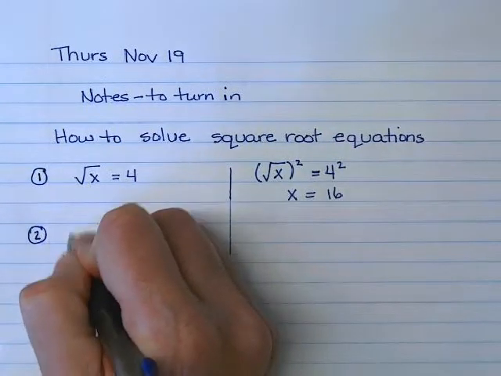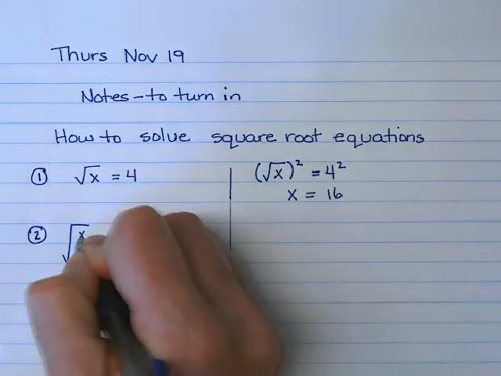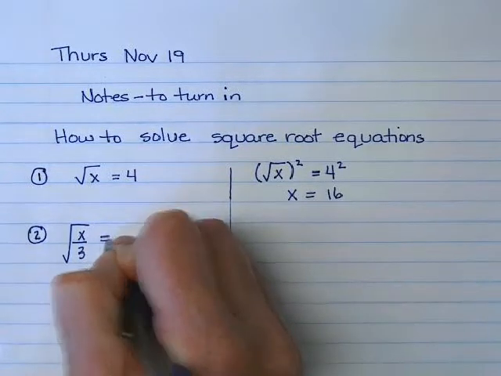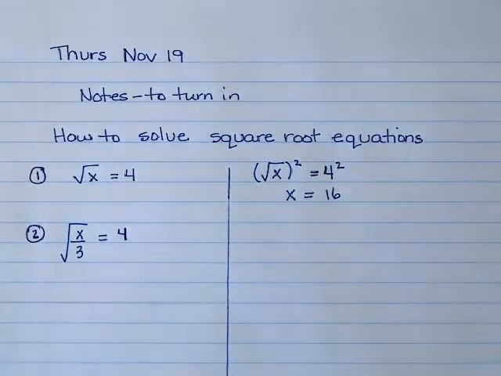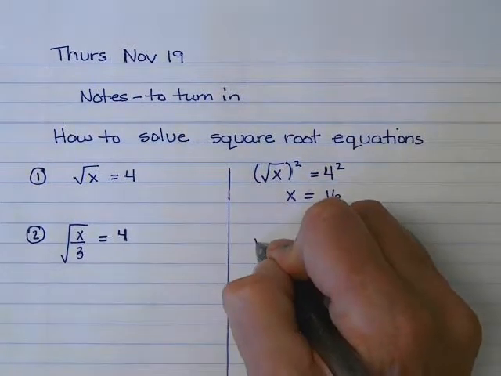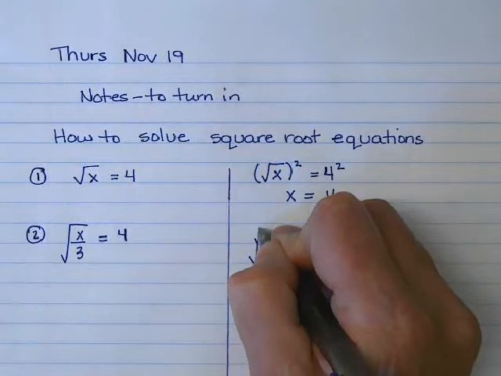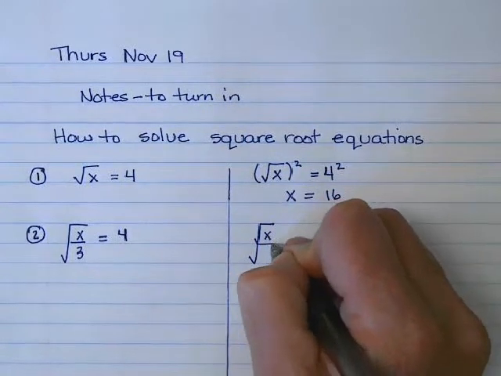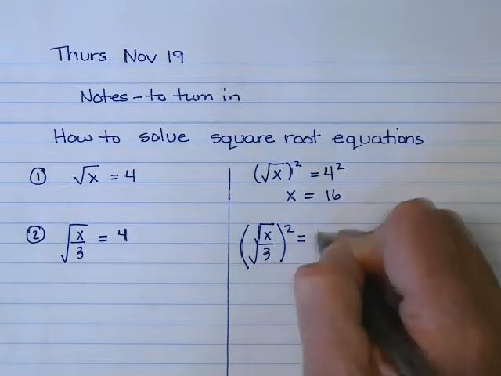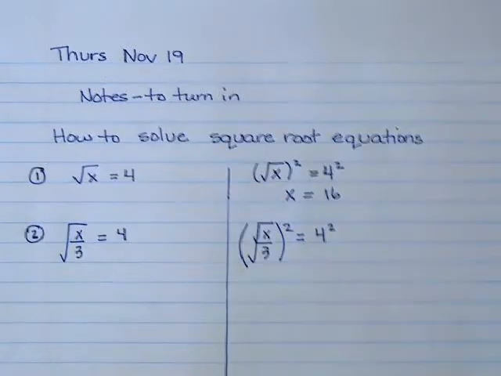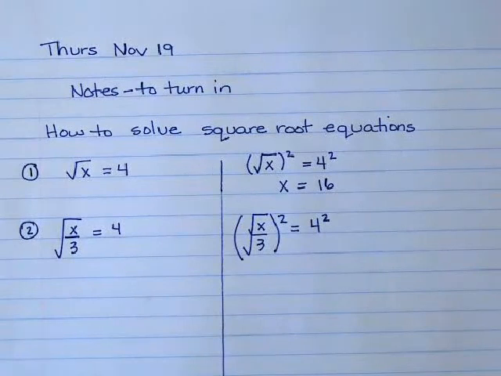Now, what if we had like a fraction? Let's say we had something like the square root of x over 3 is equal to 4. Okay, no big deal. We're going to square both sides. So I'm going to leave my x over 3. And when you square a square root, it just makes the square root go away.